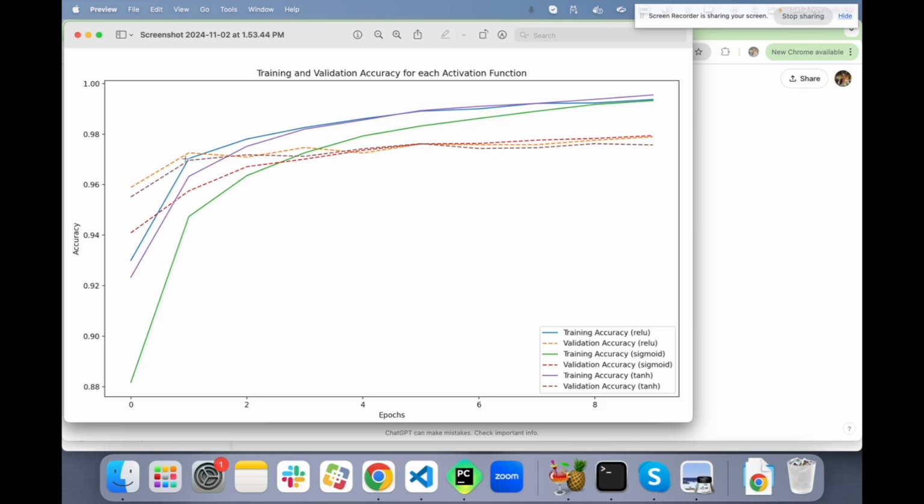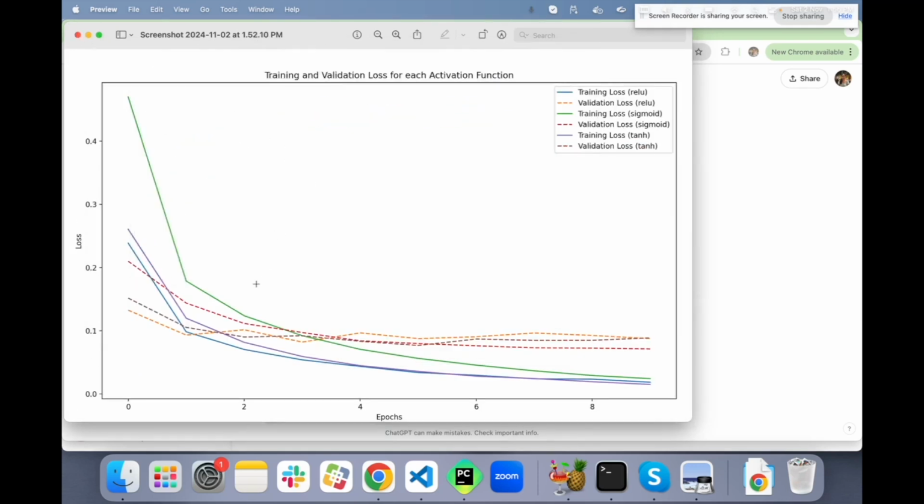Almost similar, but it is achieving the accuracy faster. This is the highest accuracy it reached. That is why it reached the highest accuracy first. This rectified linear unit, and the loss, minimum loss is what we want. For training, the loss is minimum. It started minimum and then went minimum. So that is why it is saying to go with the rectified linear unit.